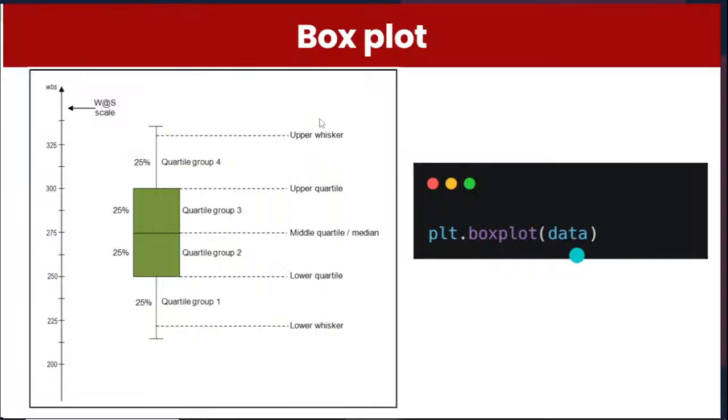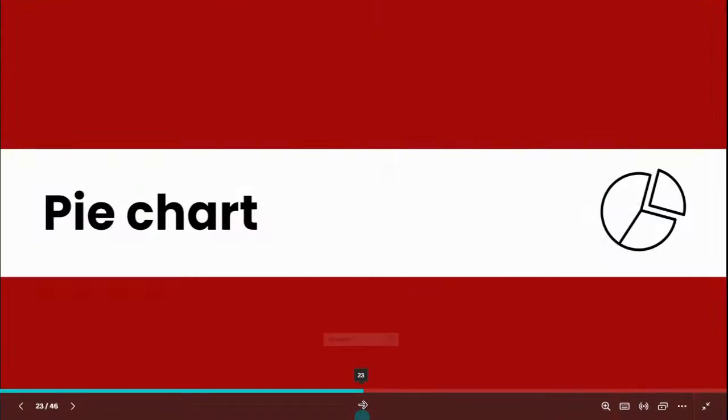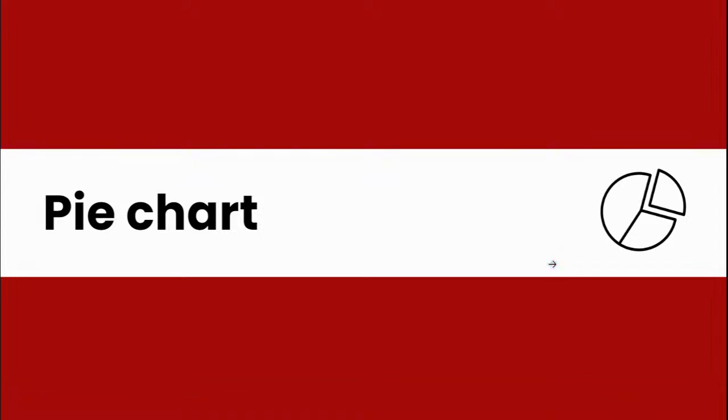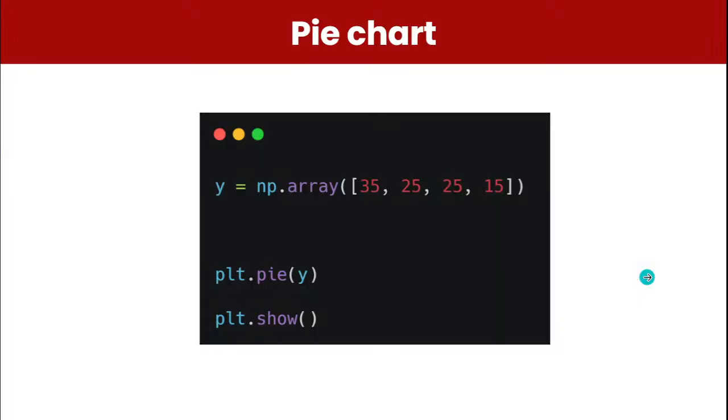And finally, in Matplotlib we are going to see one chart, which is the pie chart, and I hope you have already seen pie charts, used in a lot of places. So for example, if I have a distribution of overall 100, and you want to show what percent each is, for example, if this one is 35%, this is 25%, this is 25%, and the remaining is 15, you could go with dot pie.